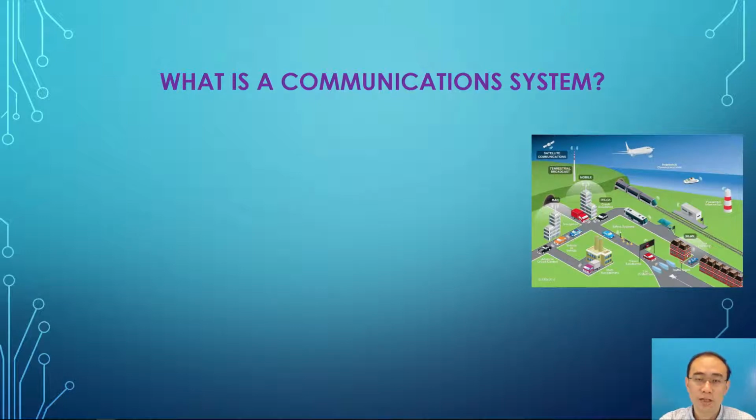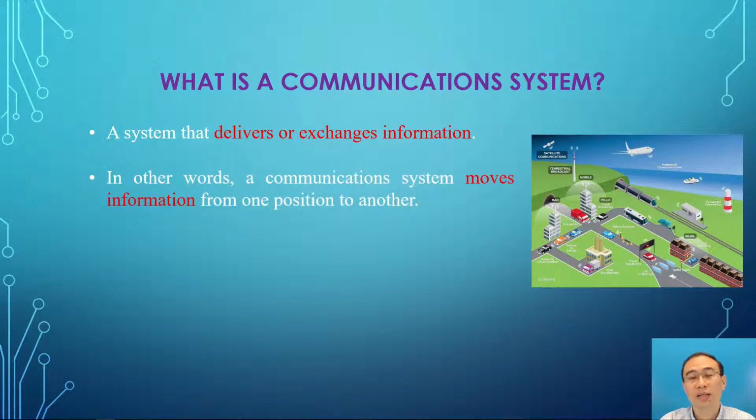Now the next question is, what is a communication system? In our daily life, we have been using many communication systems. So in your opinion, what is a communication system? In fact, a communication system is a system that delivers or exchanges information. Or in other words, a communication system basically moves information from one position to another.